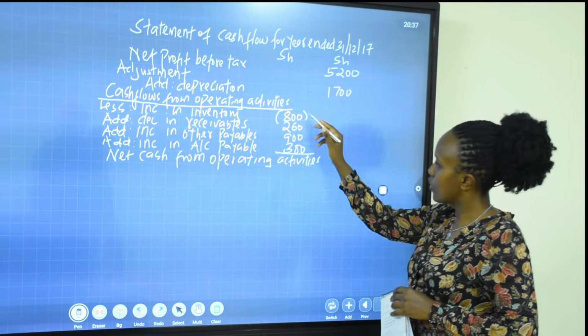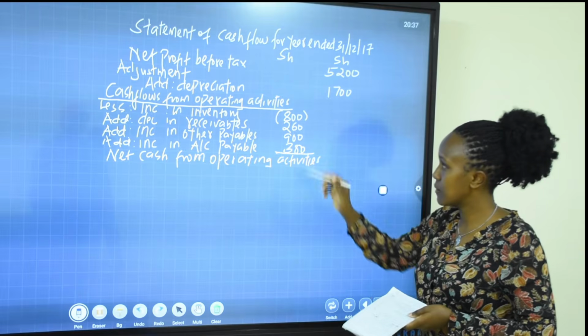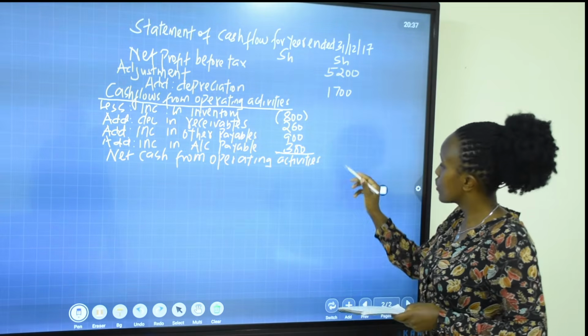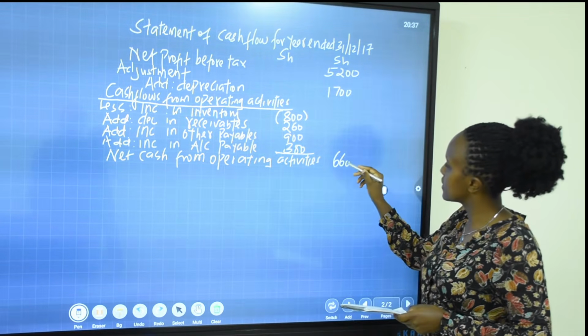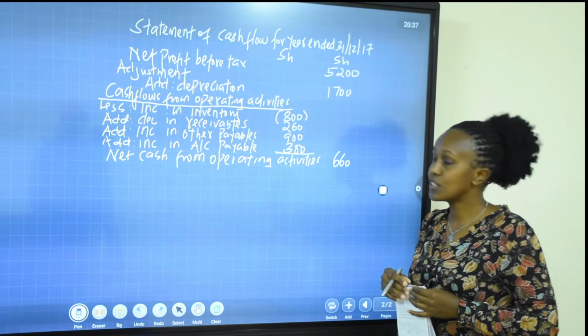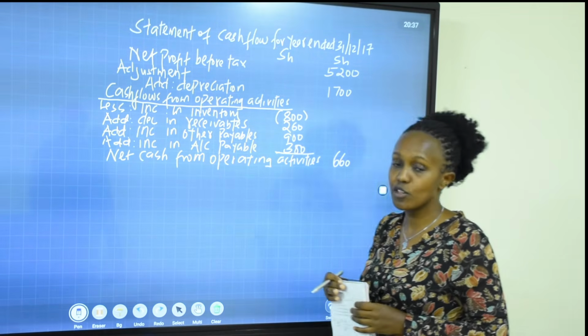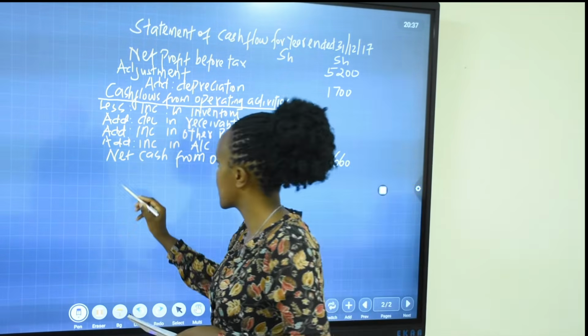It is the sum of the negative 800 plus the other 3. You're going to get 660. And that is it for operating activities. We can go to the next section.